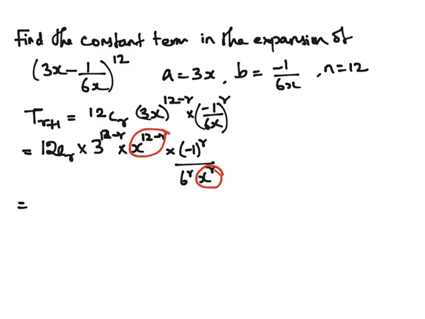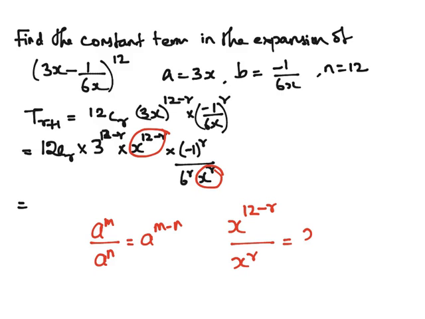Now we know that a power m divided by a power n is nothing but a power m minus n. Same way, x power 12 minus r by x power r is nothing but x power 12 minus r minus r, isn't it? Like x power m minus n. So basically it means x power 12 minus 2r is the answer.